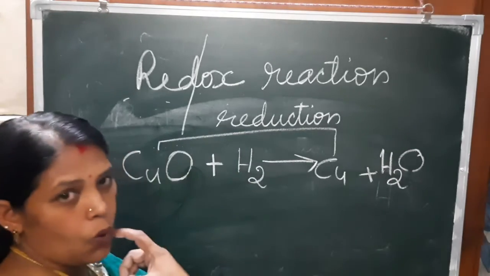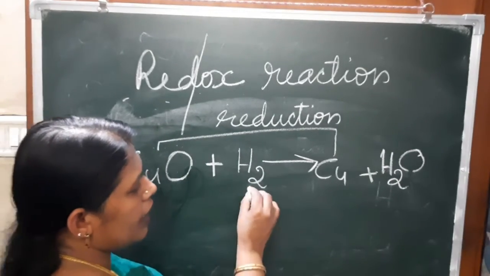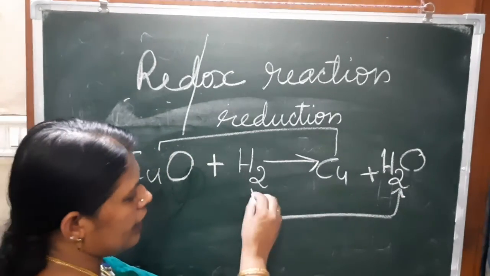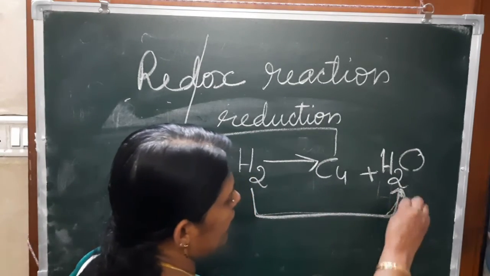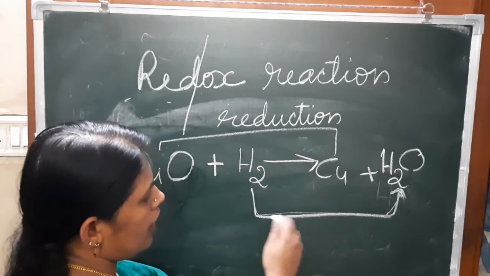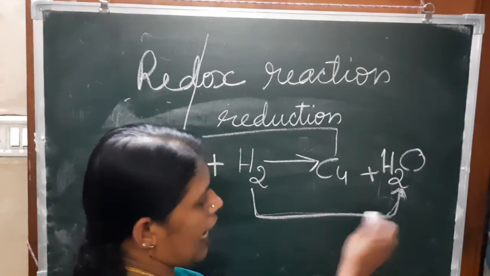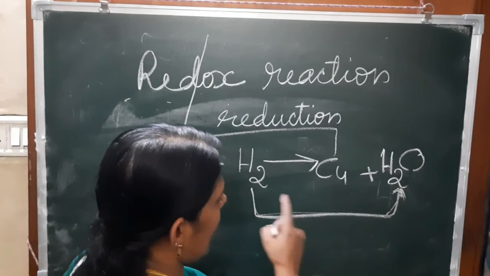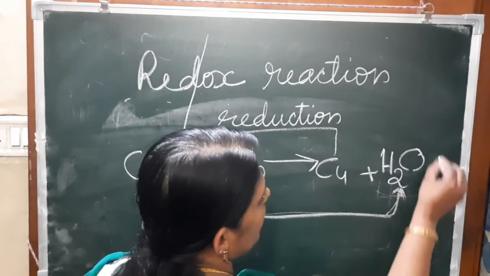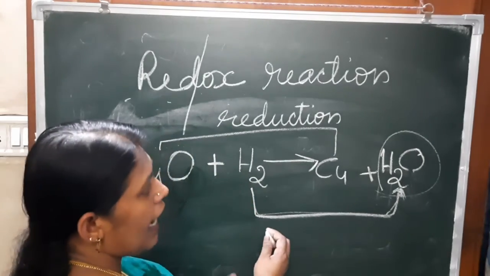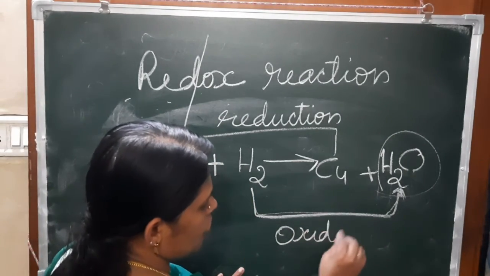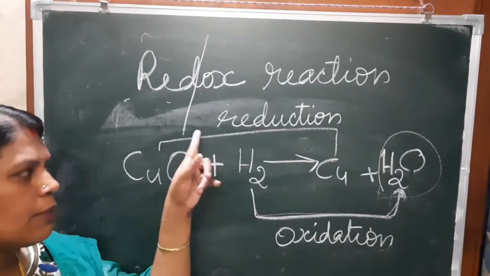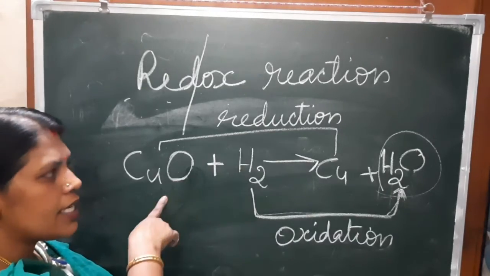Oxygen reacts with hydrogen, and oxygen is added with the hydrogen, forming water. Here oxygen is added, so it is oxidation. And here oxygen is removed from copper oxide, so it is reduction.